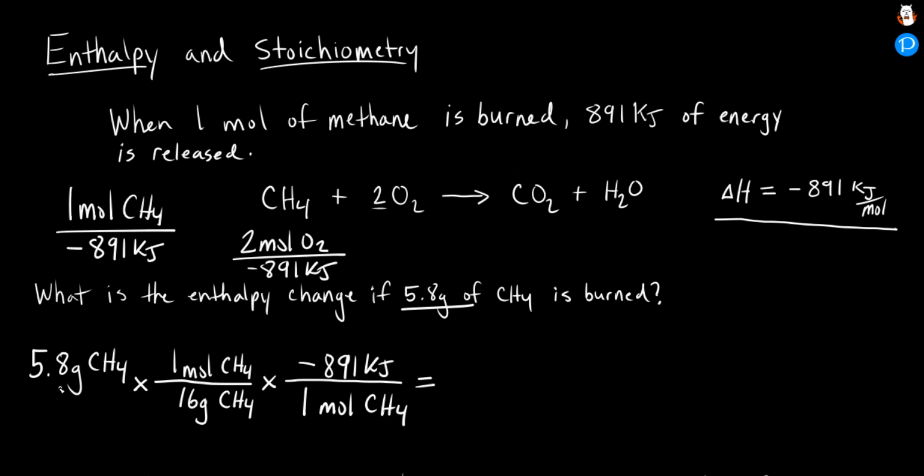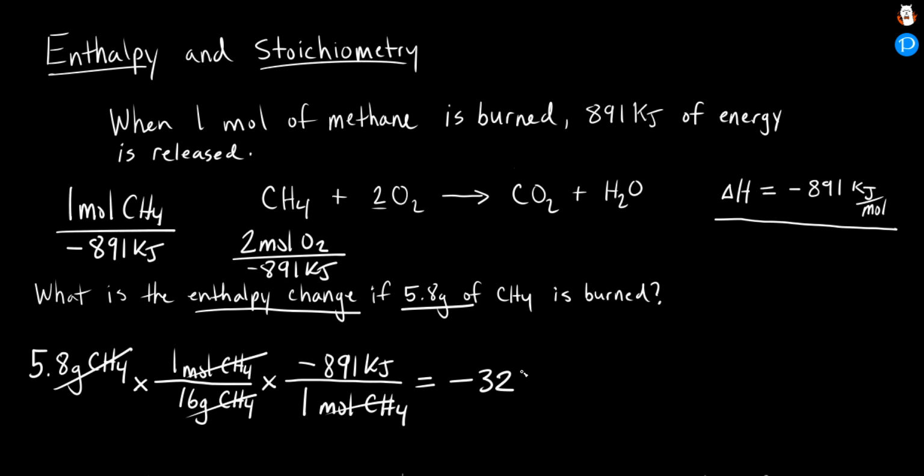And so if we look at this, this is a beautiful thing. Grams is going to cancel out, moles is going to cancel out in this step, and it would leave me with how many kilojoules of energy, or in other words, the enthalpy change. It's just another way of saying how much energy is going to be released. And so 5.8, I got to get my calculator here. 5.8 divided by 16 times negative 891, and I get negative 320.